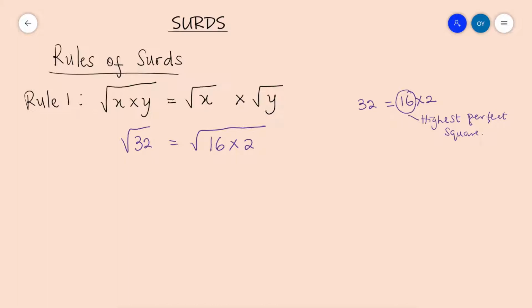So this can be written as the square root of 16 multiplied by the square root of 2, and the square root of 16 is 4, times root 2. And this is 4 root 2. So the square root of 32 can be written as 4 root 2.